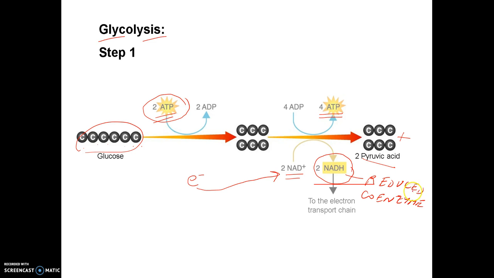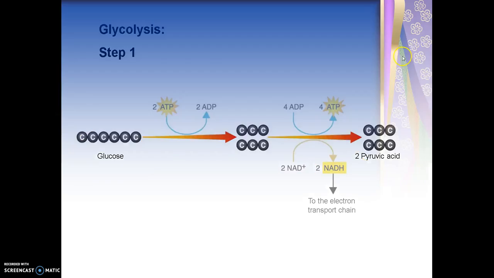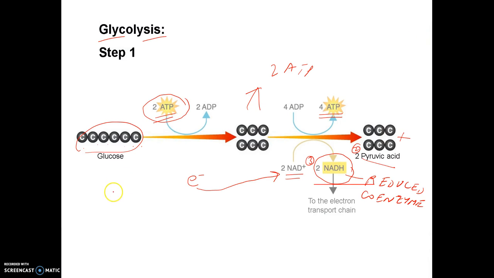So the overall reaction is that we are producing 2 molecules of ATP, 2 molecules of pyruvate, and also 2 molecules of NADH.